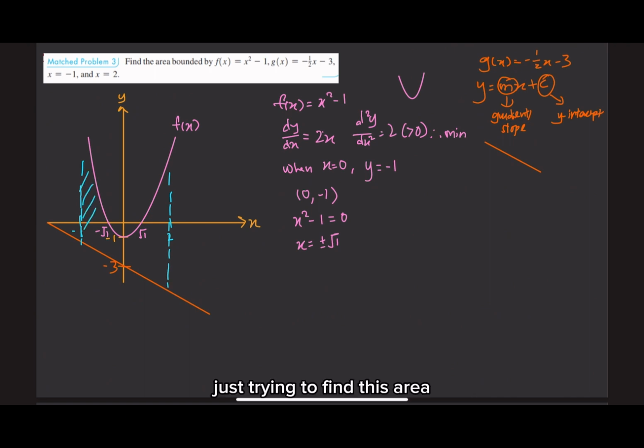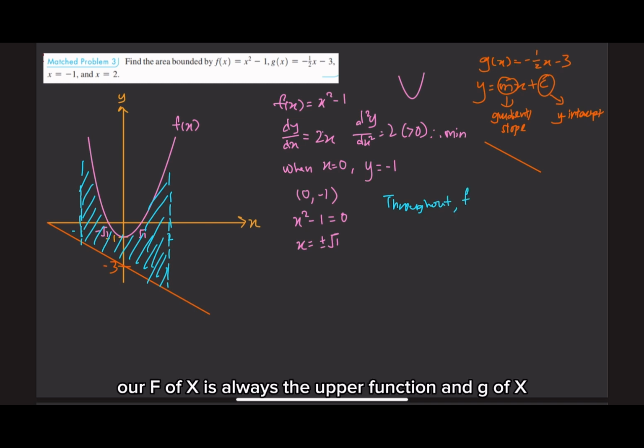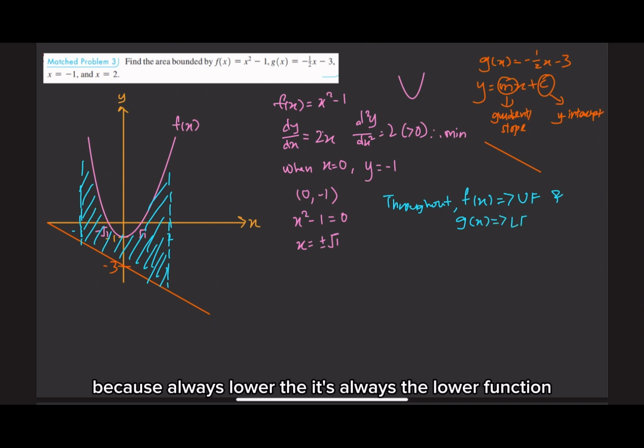Just trying to find this area. And what you will notice is throughout, our f of x is always the upper function, and g of x is always the lower function.